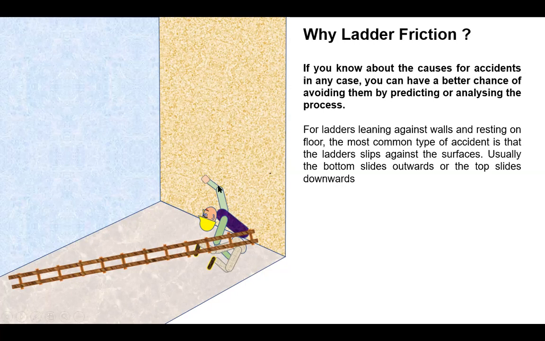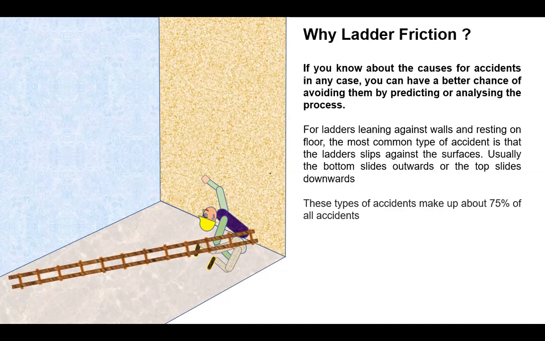Most of the accidents with ladders happen due to this kind of sliding. 75% of the accidents happen because of this sliding. The other accidents may be due to some steps breaking, or some damage to the ladder, or something like that. So the majority of accidents have happened like this, and it's very important to study these.